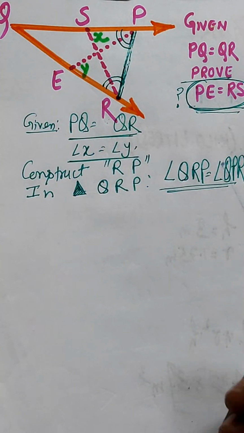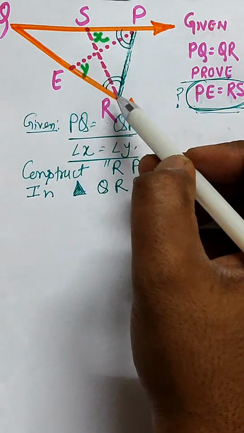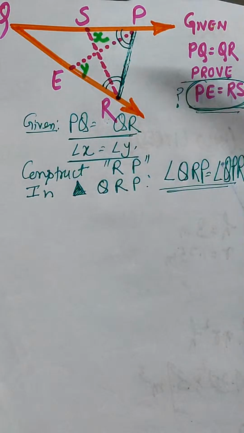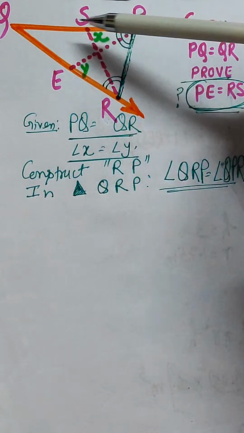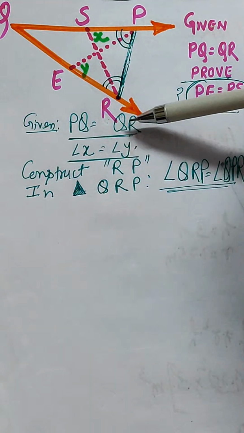Why? Because you can see in triangle QPR, QP, this PQ or QP, is equal to QR.